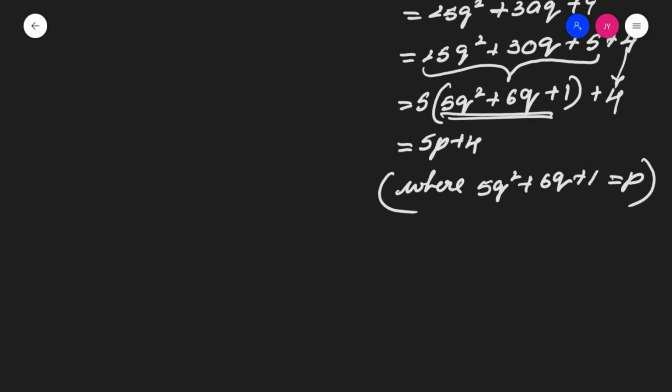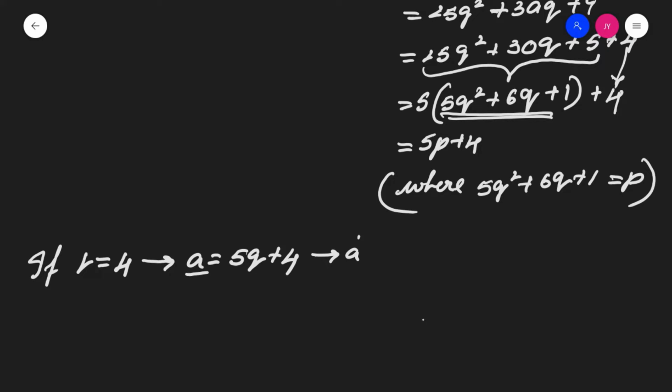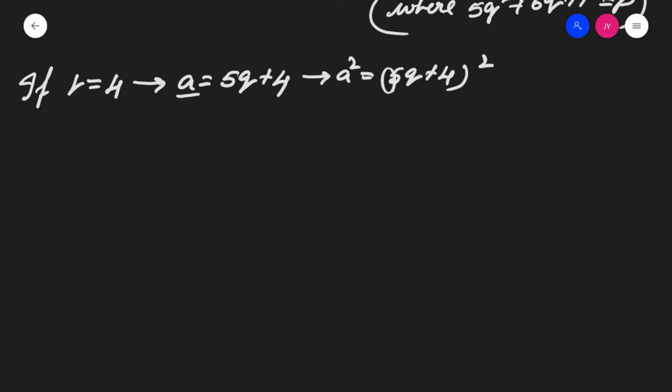Now for the last case, fifth case, when r is equal to 4, then a is equal to 5q plus 4. Squaring, a square is equal to 5q plus 4 whole square. So according to the identity, it will be 5q square plus 4 square plus 2 into 5q into 4, right?